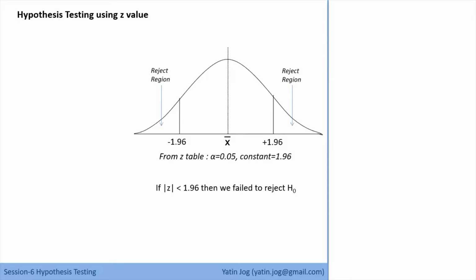The process is that we first have to draw the distribution of the data, whatever sample data we have collected, and then check whether my assumption, that is my H naught value, is in the accept range of values or the reject range of values.